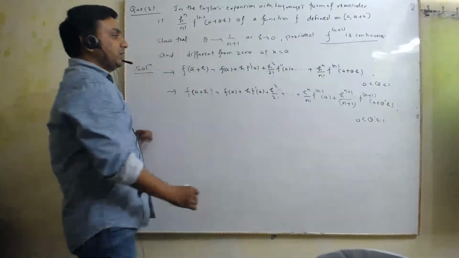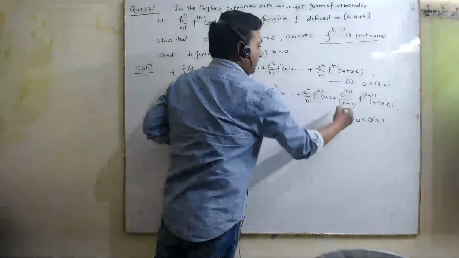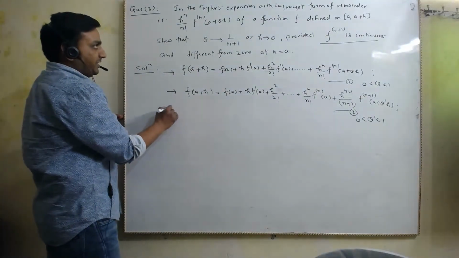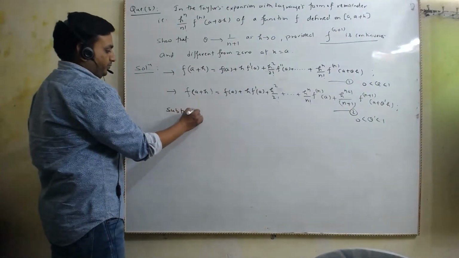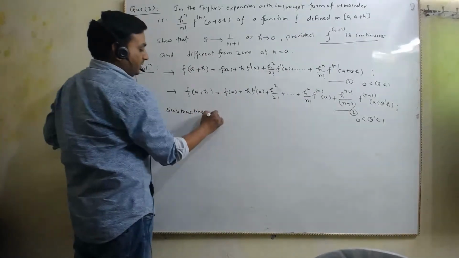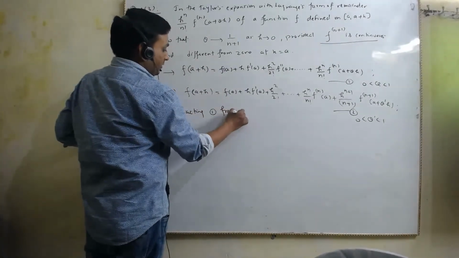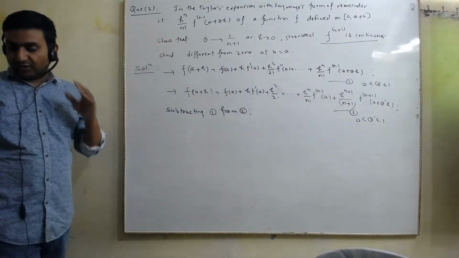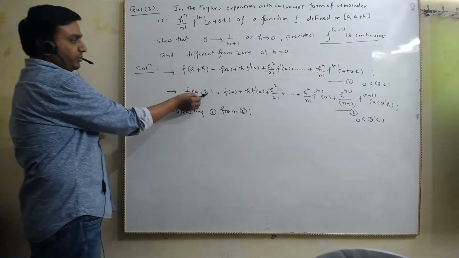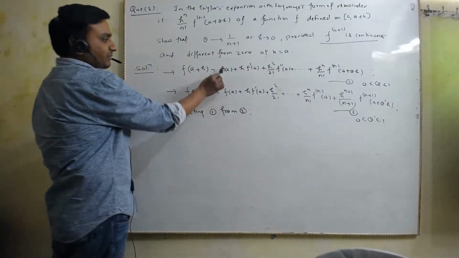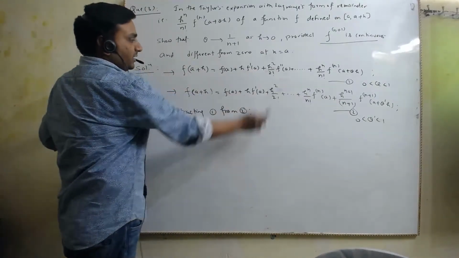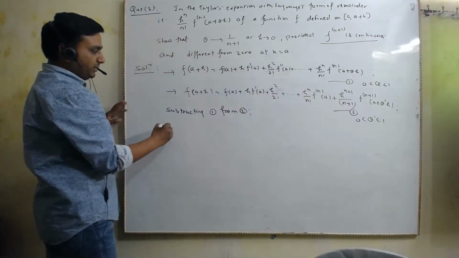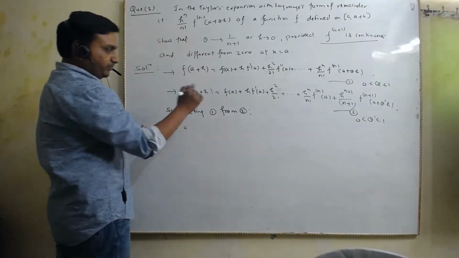Now let's say this is my equation 1, this is equation 2. Subtracting 1 from 2, what will you have, my dear fellows? This term will be cancelled, this will be cancelled, this will be cancelled. From the first expression, I will have the negative LHS as 0.